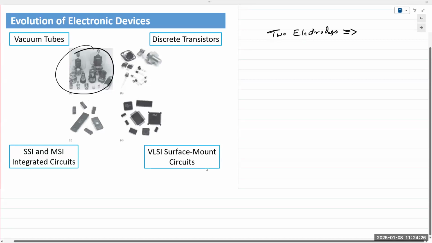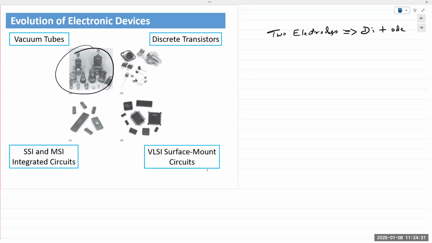And from there, you get diode. 2 electrodes, diode. And when they invented a solid state version of this vacuum tube, the naming convention was carried over. And so the first solid state electronic device was also known as a diode. Simply stated, it just means 2 electrodes, but the nomenclature is derived from the earliest vacuum tube.